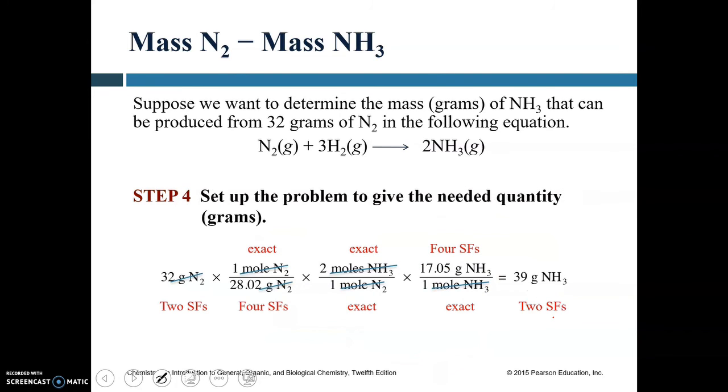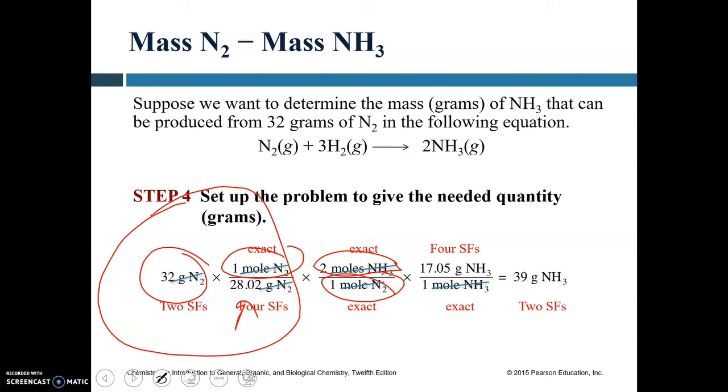So let's see what we've got. 32 grams of nitrogen, we multiply it by the first conversion factor, 1 mole of nitrogen per 28.02 grams. Then we multiply the product by the mole-mole ratio, 2 moles of ammonia per 1 mole of nitrogen, because the answer here is in moles of nitrogen.